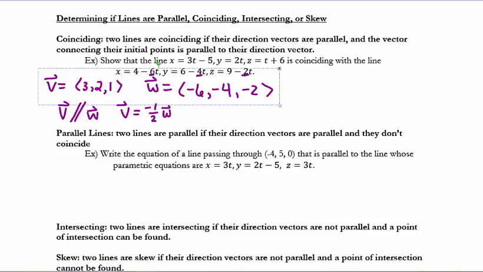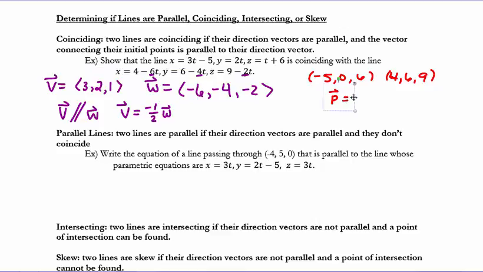Now I need to find the vector connecting their initial points. Their initial points are -5, 0, 6 and 4, 6, 9. So the vector connecting those, I'll call it the vector p, is going to be 9, 6, 3.